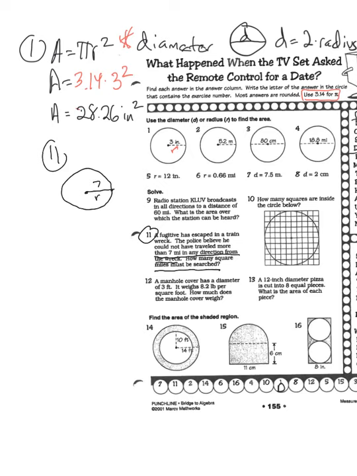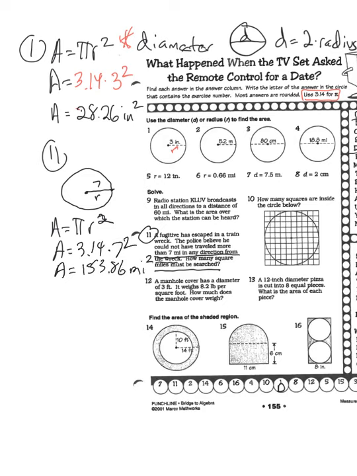So my radius is 7, and now I'm going to plug it in my formula. A equals pi r squared. Your radius is 7. So A equals 153.86 square miles.